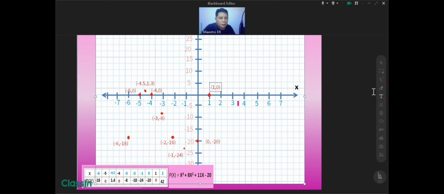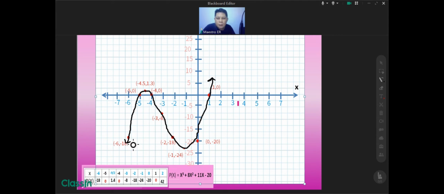Okay. Then we're going now to plot or connect the points using a smooth curve. Okay. So let's connect now. So from negative 6 goes up. Then smooth curve, not a straight line. Okay.